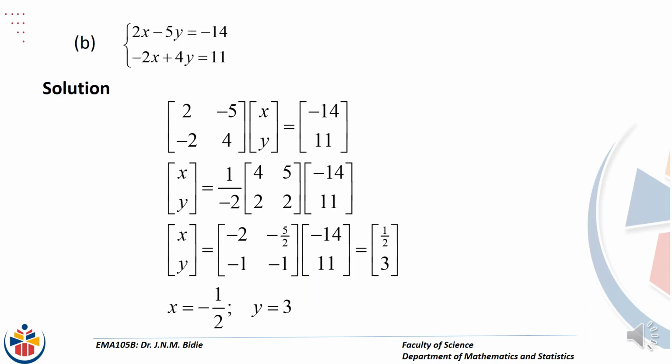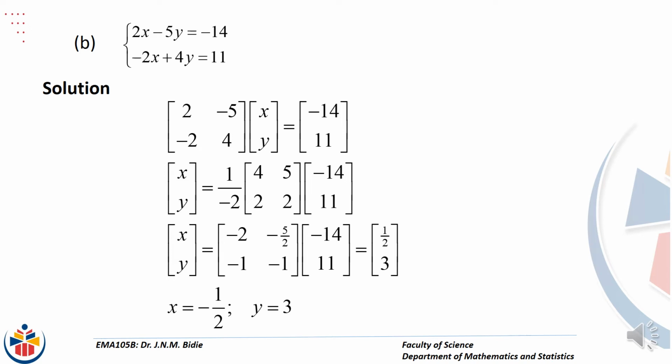Go to B, we're given another. So we do exactly the same thing, write matrix format of the given system, and then make the variables the subject. So that means we took the coefficient matrix to the right hand side and found its inverse. So let's check.